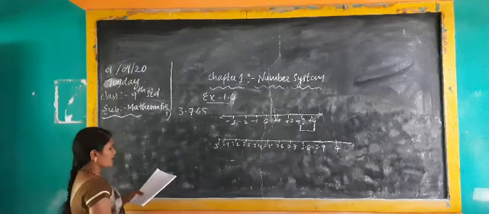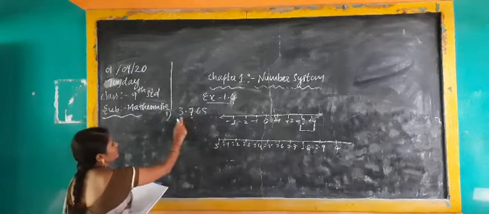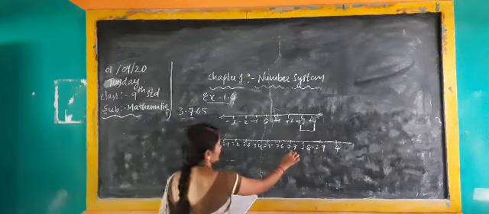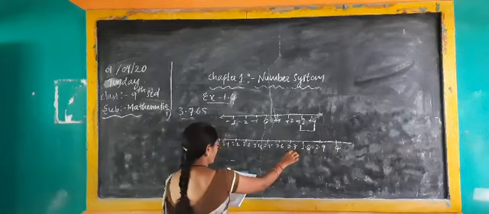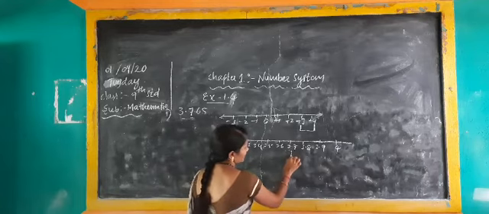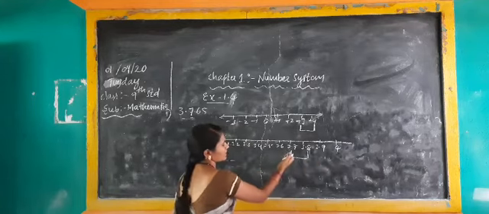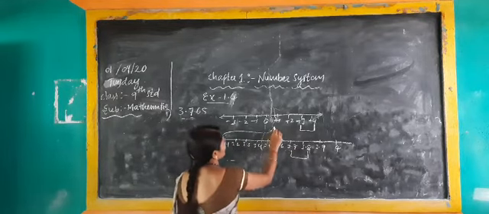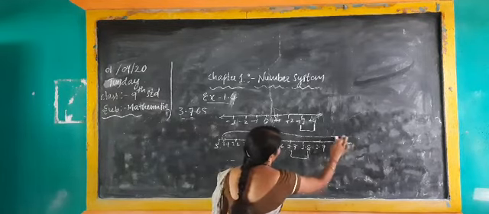Here I said up to 3.7. First you see the 3.7. Where is the 3.7? Here. Then you should check again 3.7 to 3.8. Take the numbers 3.7 to 3.8.